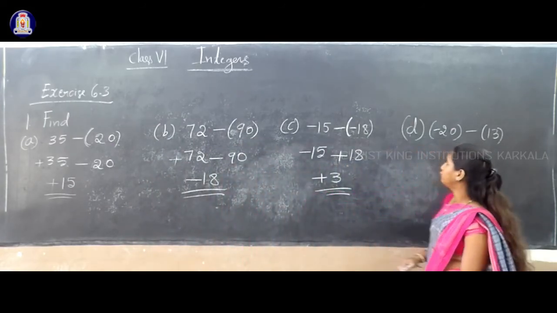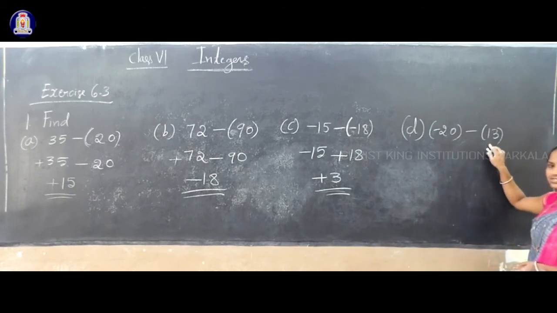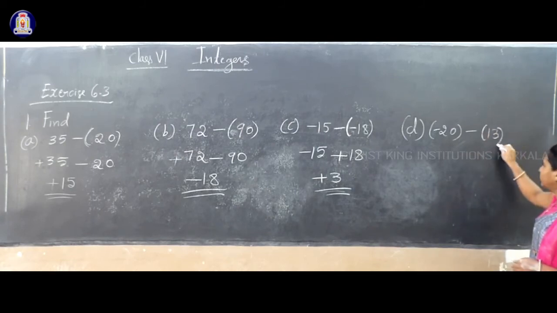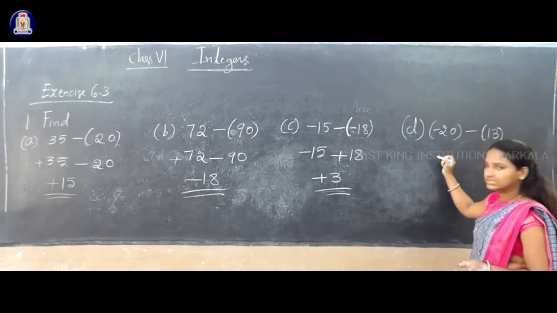We will now solve the fourth question, that is minus 20 minus into plus 13. We are writing these questions inside the bracket, but in the textbook it is given like this, so we cannot change the question, isn't it? Always the positive integer is not written inside the bracket, but in the question it is given like this, so we will simplify now.